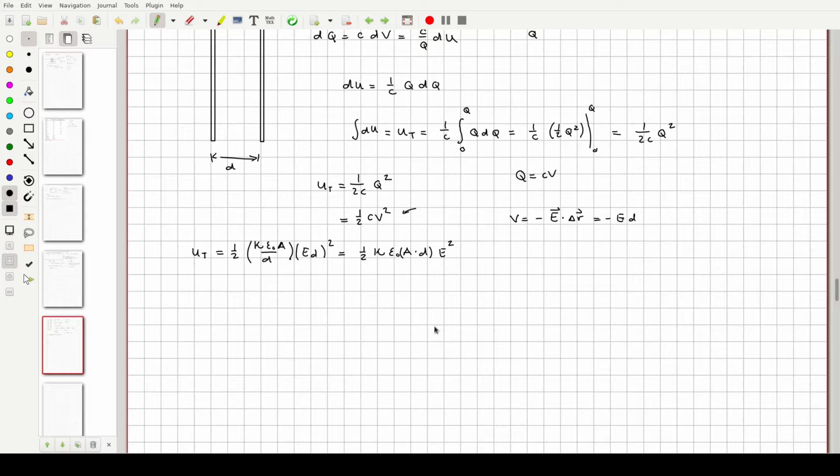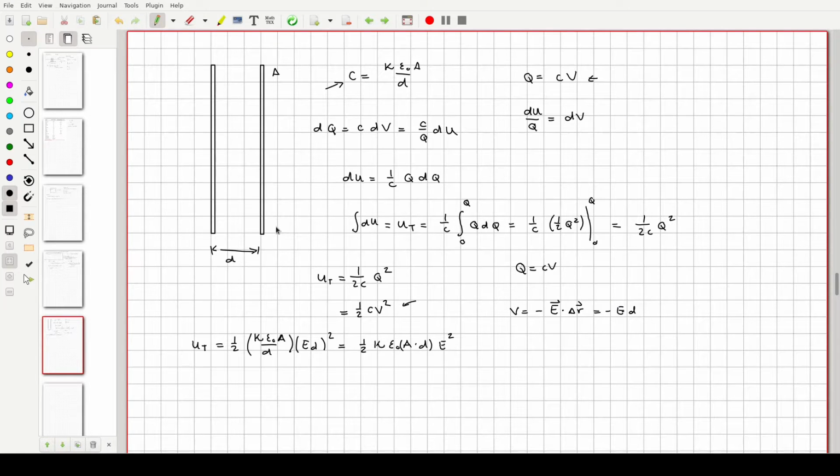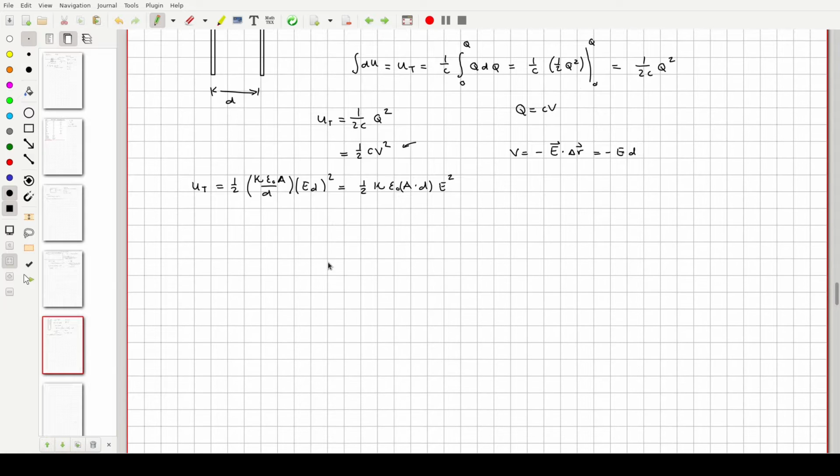Okay. Now, A is the area of a plate. D is the distance between. So A times D would be the volume that sits in here. That's volume. So if I were to divide both sides by this, what I would then get would be something called energy density.